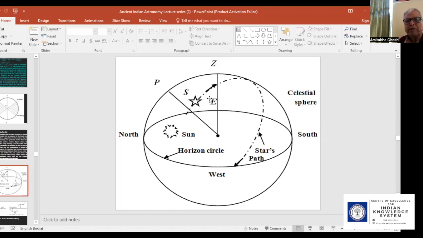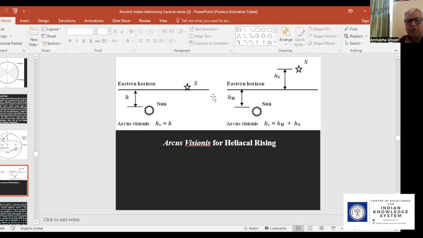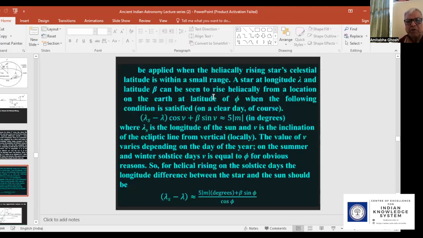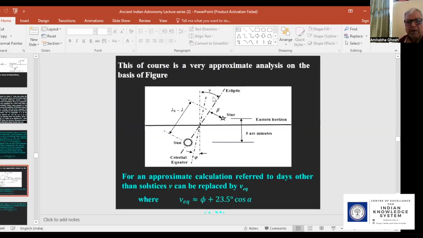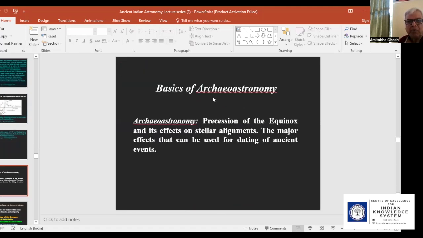This kind of rising is called heliacal rising. It is important because in archaeoastronomy, we use the heliacal rising described in many ancient Indian scriptures and the Rig Veda, etc., for dating of that particular observation.